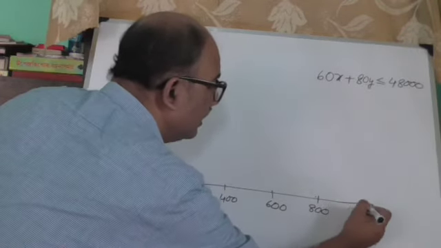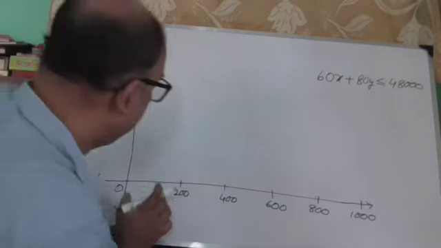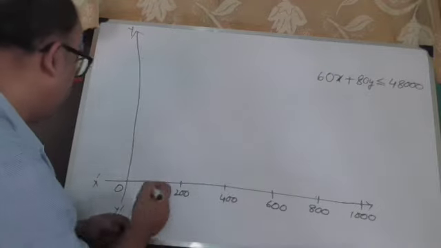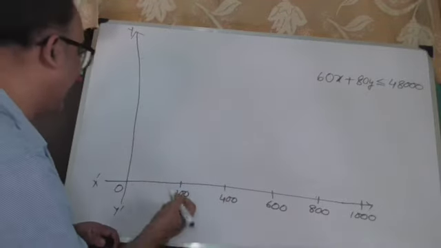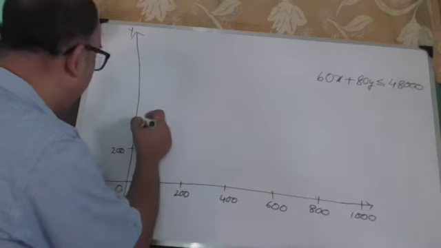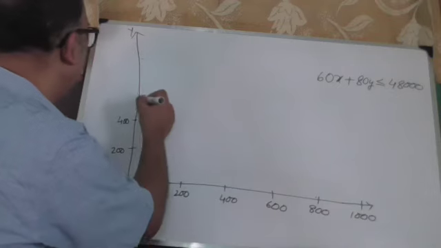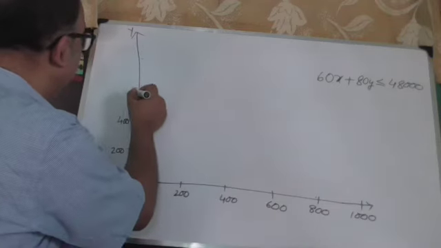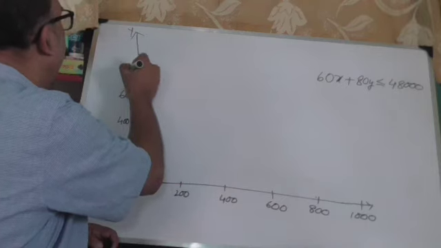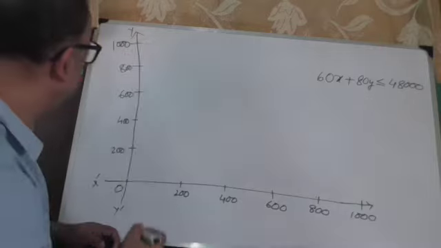Better to use a scale. So please use a scale while drawing the graph. So 200, 400, 600, 800 and 1000. And on the y-axis also we'll put some scale. Suppose this is 200, then 400, then 600, 800 and 1000. I hope this is sufficient.